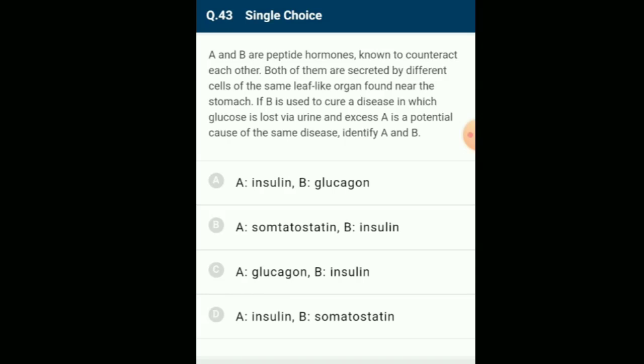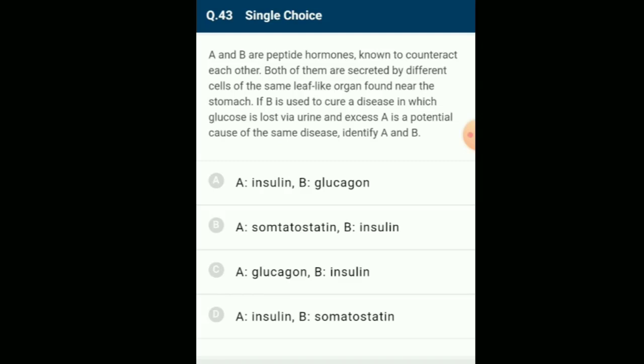Glucagon is responsible for glycogenolysis, hence it causes hyperglycemia. The beta cells of the islets of Langerhans are responsible for secretion of insulin. Insulin is responsible for glycogenesis and hence causes hypoglycemia.